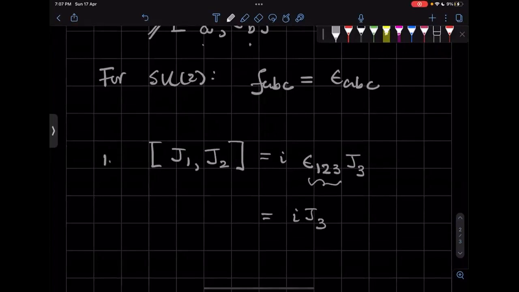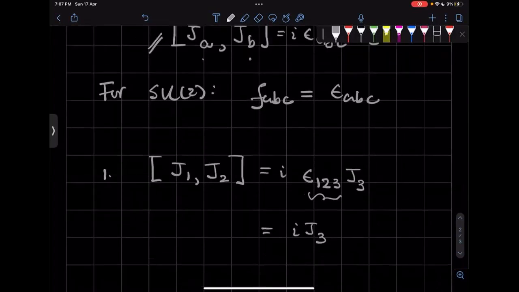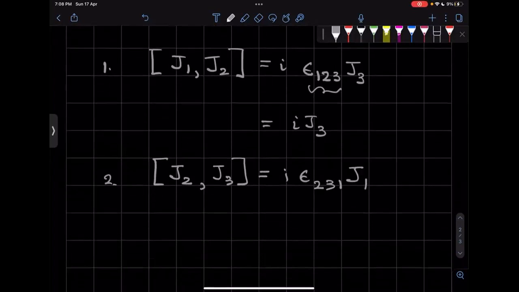So this is the first relationship that we get from this commutation relationship. The second relationship is when we have one of the indices J2, the other index is J3. Then we have I epsilon 2, 3, and then the last index must be 1. So we get I J1. Again, this is an even permutation, so we get +1.